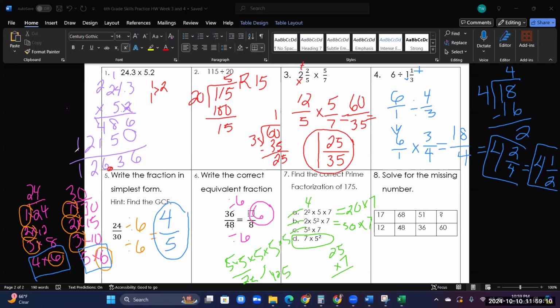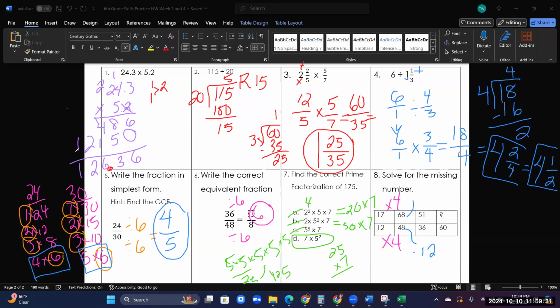All right, so 12 times 4 is 48. 17 times 4 is 68. 48 minus 12 is 36.